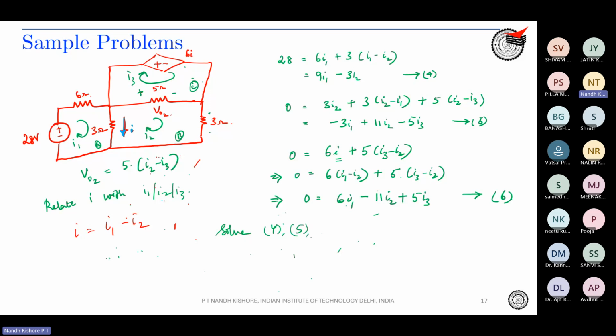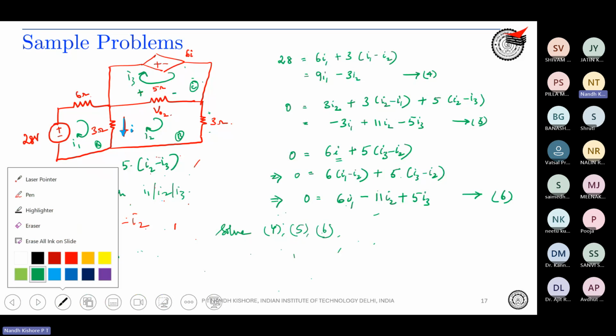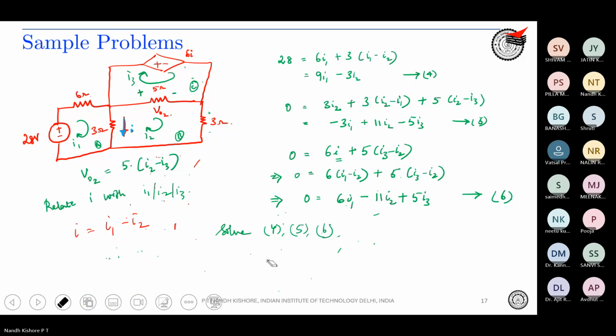You should be getting I1, I2, I3. Can anyone tell what I1, I2, I3 are?